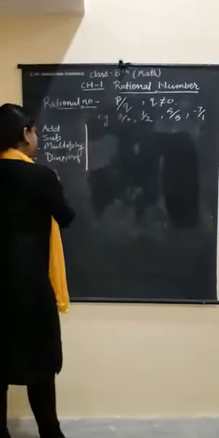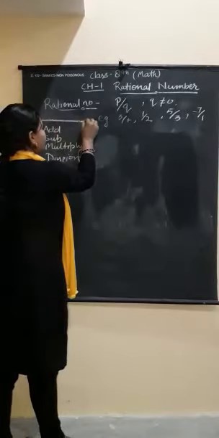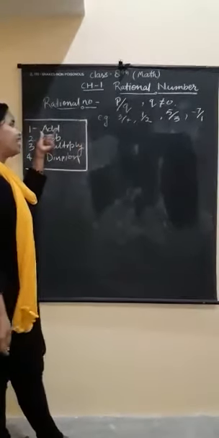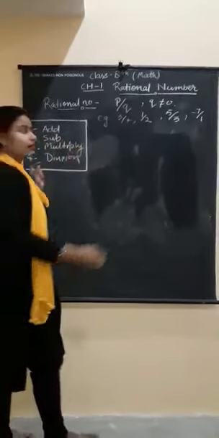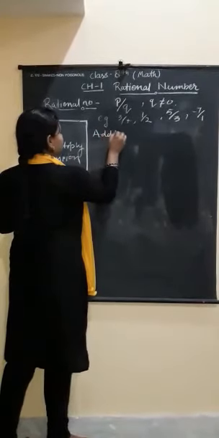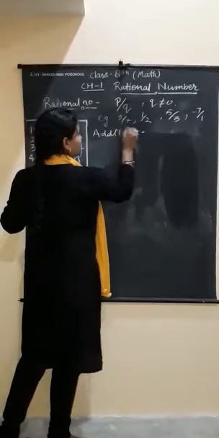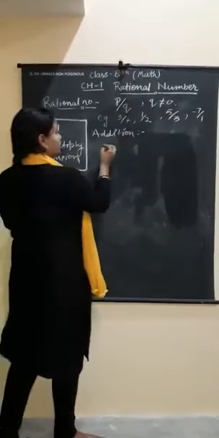So come to the first topic. What do we have to read? Addition. How do we do addition of two rational numbers? Let's understand the addition of rational numbers by example.